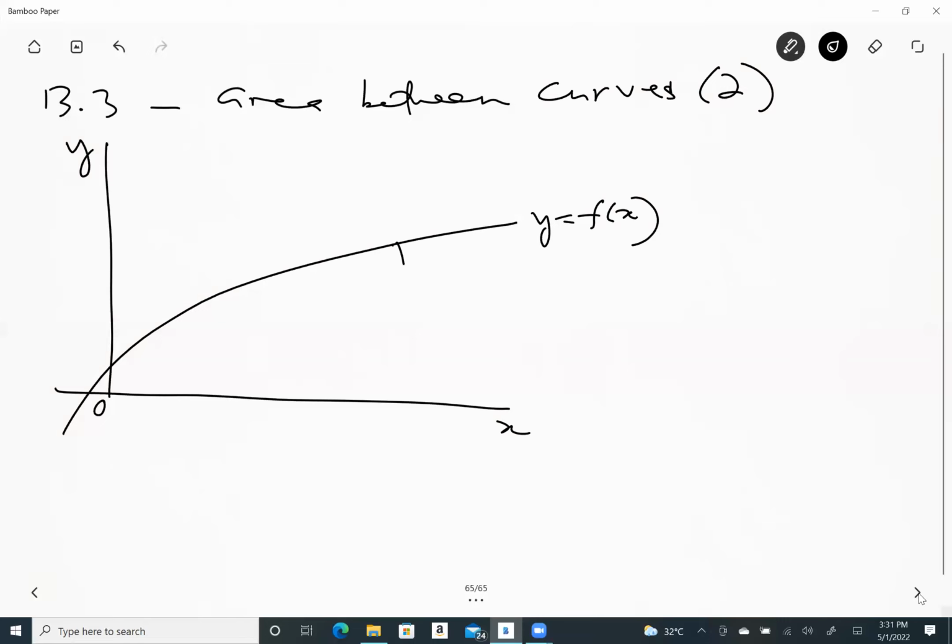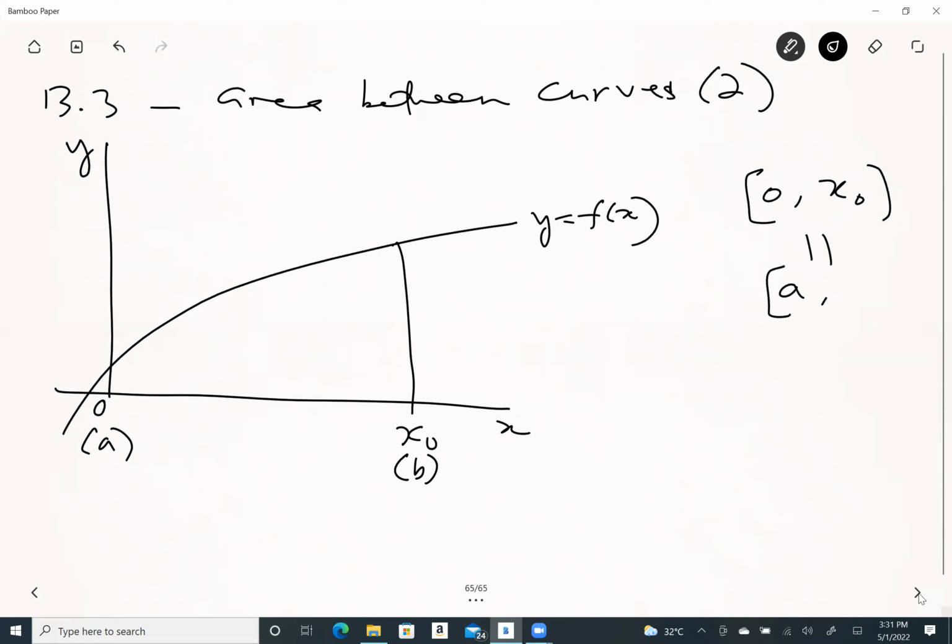This is here x0, or if you follow the book, it's A, and that's B. So the interval is 0 to x0, or you can use A, B. Zero to x0, bukan 0 x0, silap.